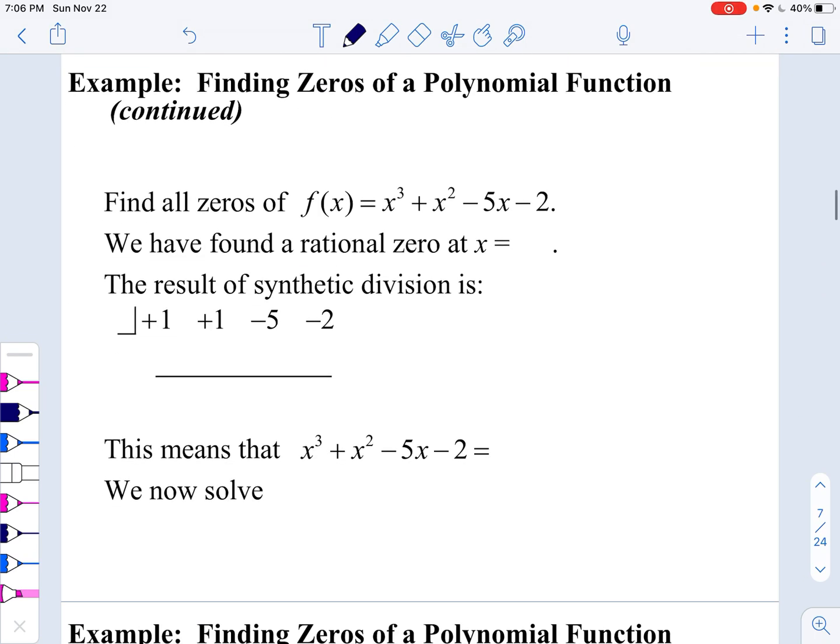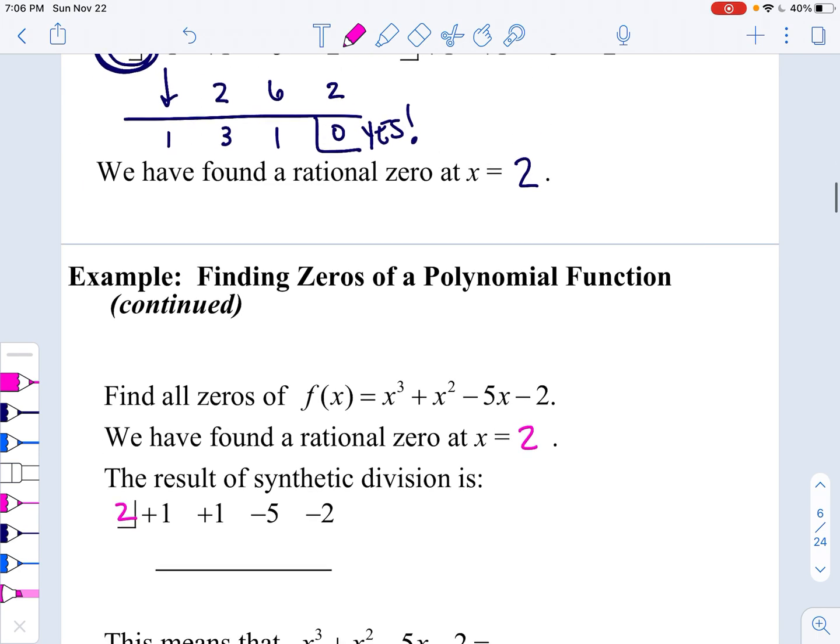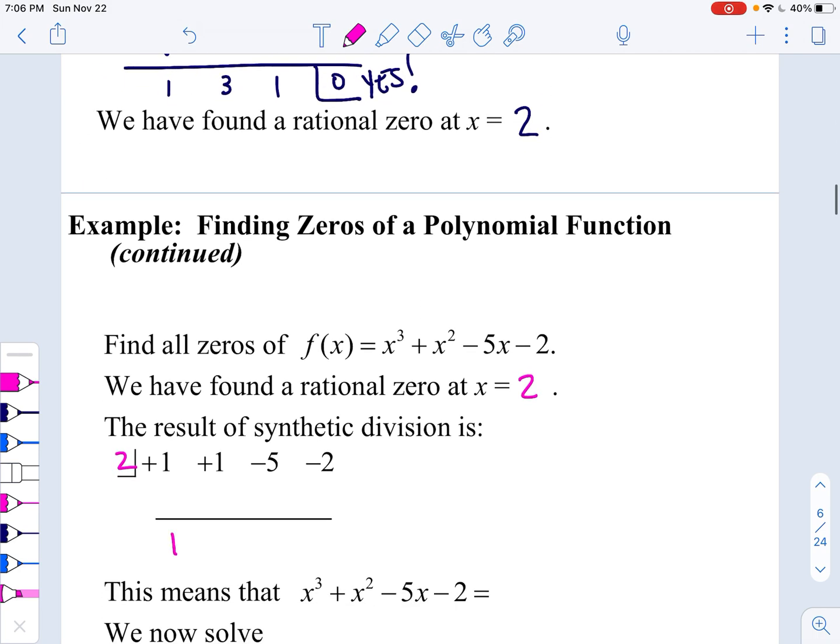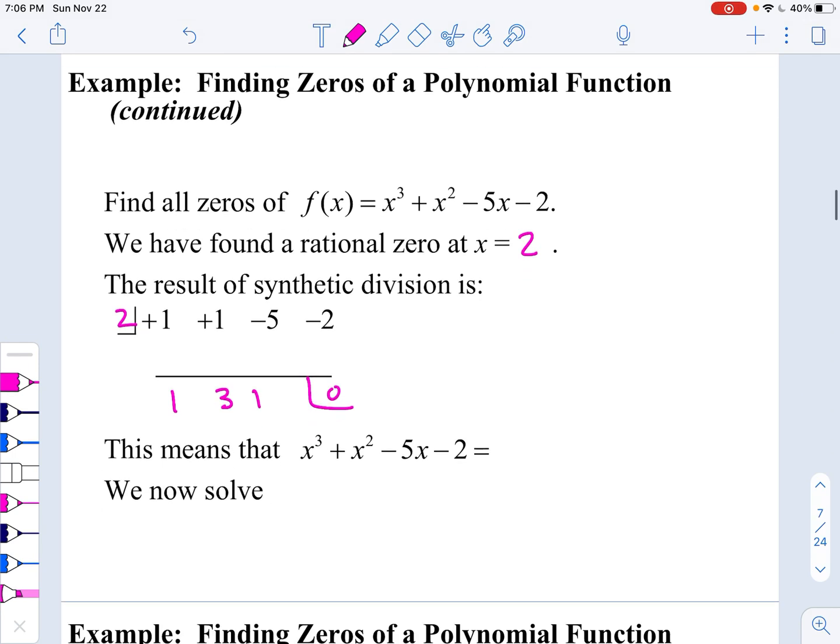So we have found that we had a solution at +2. And when we went about using that +2, which I can just recopy, what I had was a 1, 3, 1. That was what was left over, right? We had the remainder of 0. So that means my highest power was third power, or I guess I could just call this my constant, and then that's going to be a 3x, and that's going to be a 1x squared. This is a positive, that's a positive.